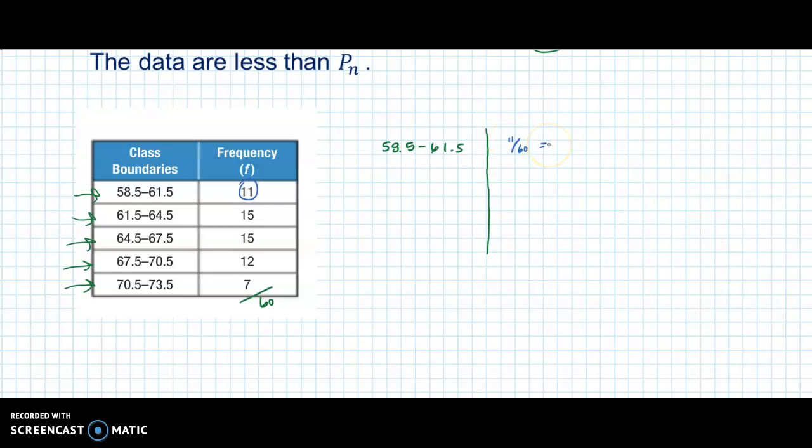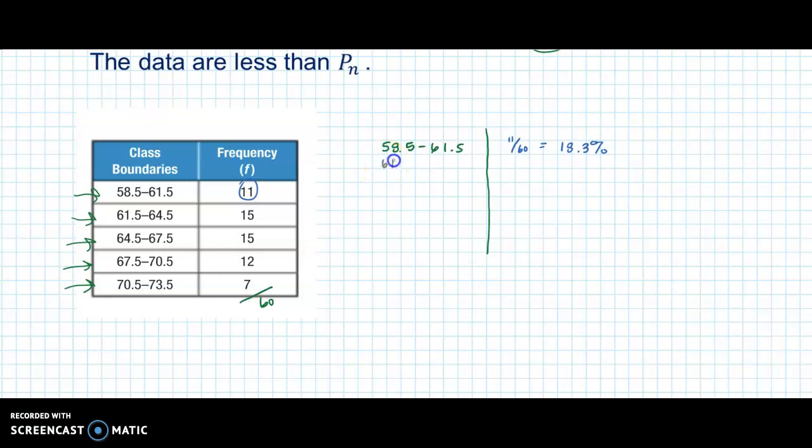So it would be 11 out of 60. We just divide 11 by 60, and then you move the decimal place 2 spots. So we're looking at 18.3%. So then this percentile would be 18.3%.